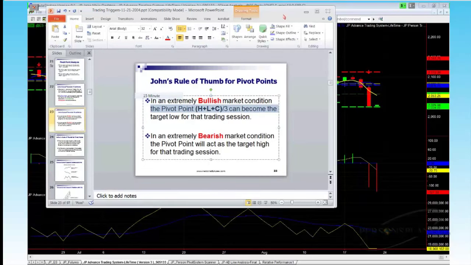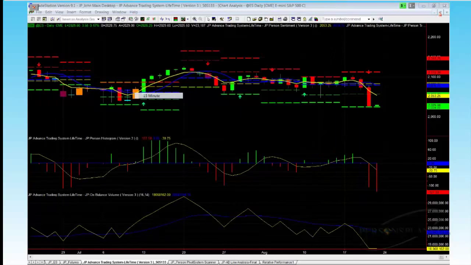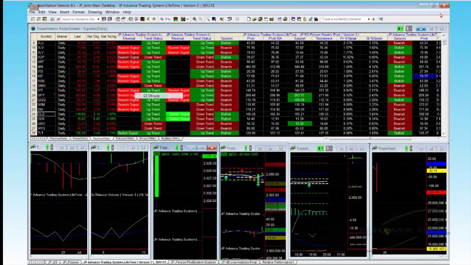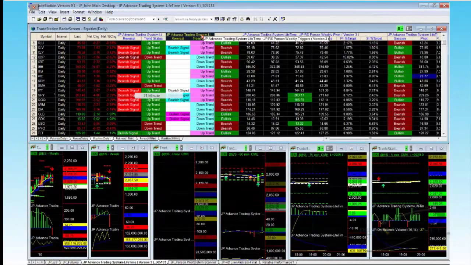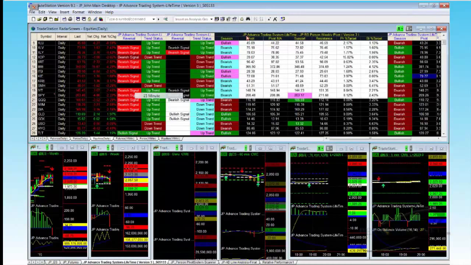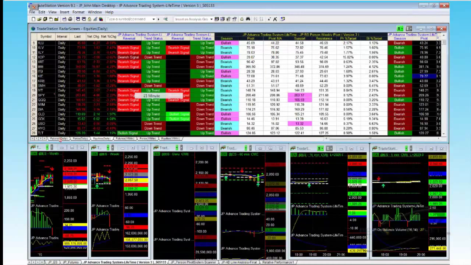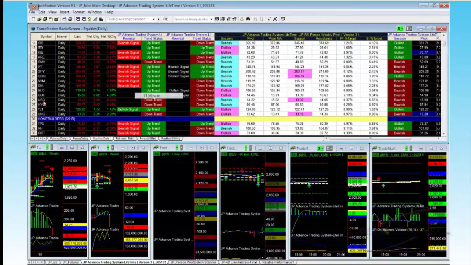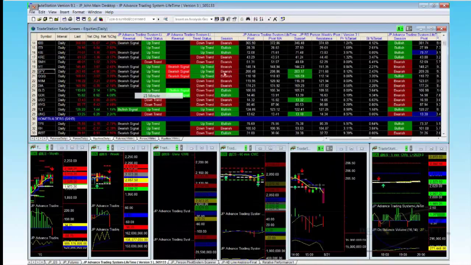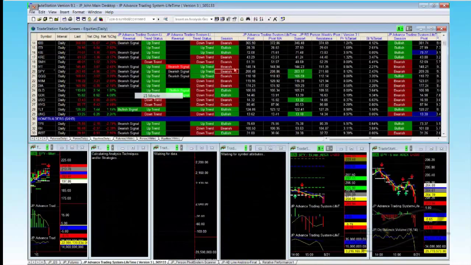And that's why, ladies and gentlemen, that's what this radar package is all about. It's telling us that on a weekly basis, SPY, you have it on your list for your weekly.